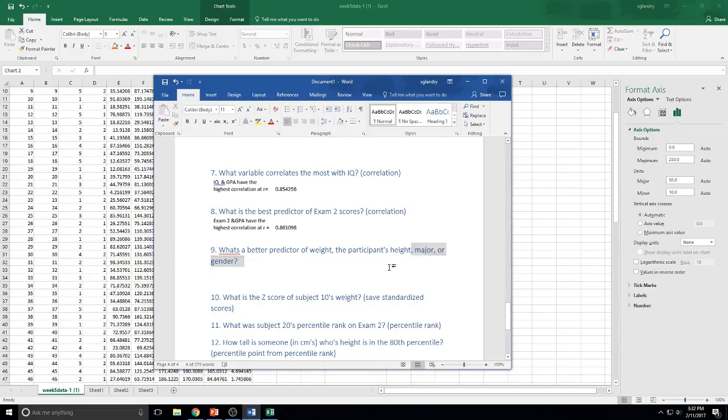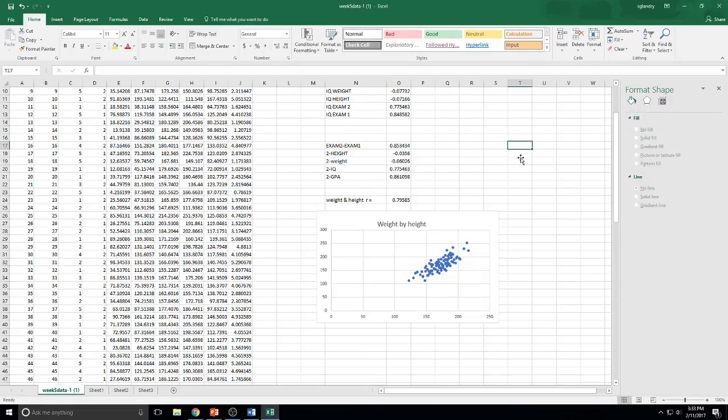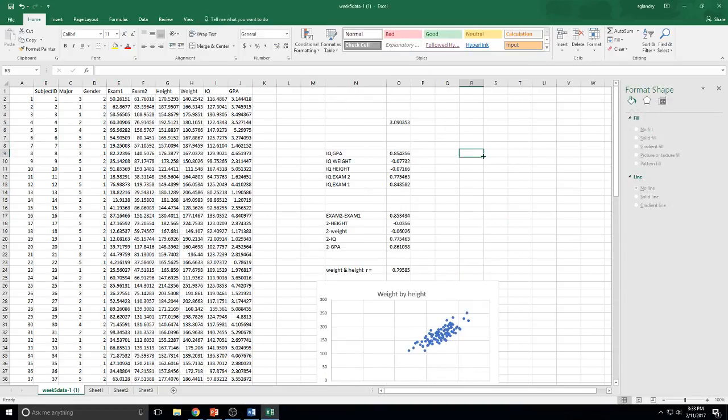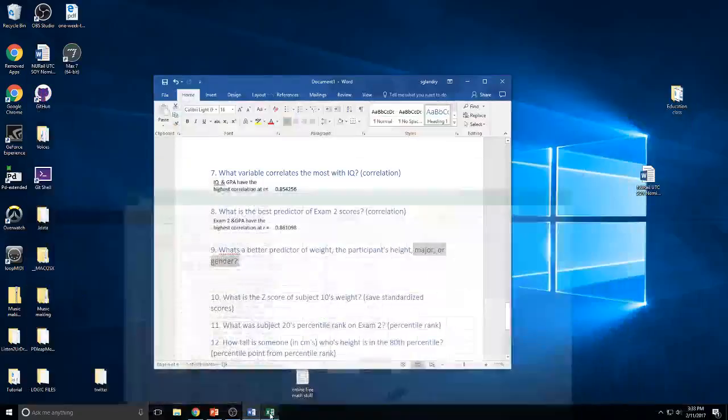Major or gender? What's going to be a better predictor of height, major or gender? So I could make two more plots. I need to figure out the average weight. What question am I asking?